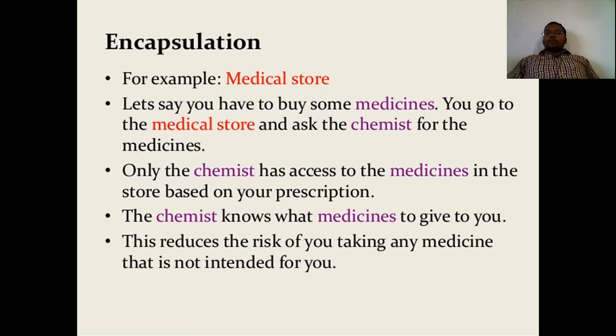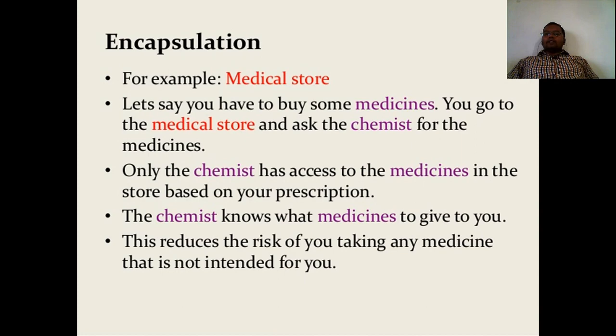A simple example is a medical store. Let's say you have to buy some medicines. You go to the medical store and ask the chemist for the medicines. Only the chemist has access to the medicines in the store based on your prescription. The chemist knows what medicines to give to you.